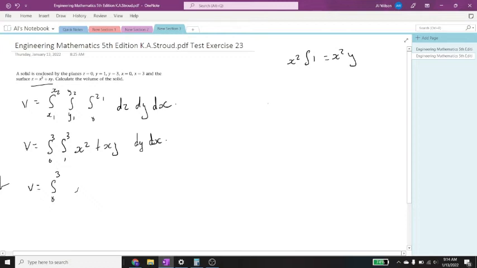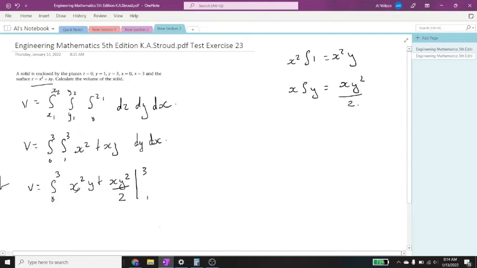And then we have xy, so we're going to have x integral of y, which is xy squared divided by 2. Writing that here now, we have x squared y plus xy squared over 2, with limits of integration being 1 and 3.